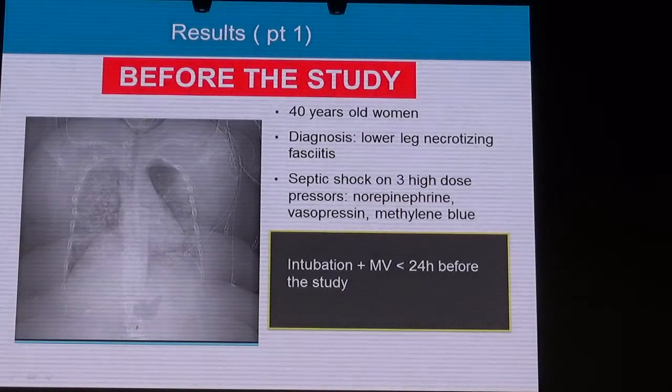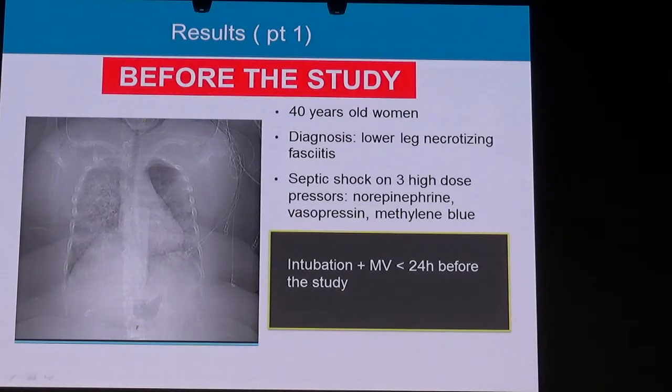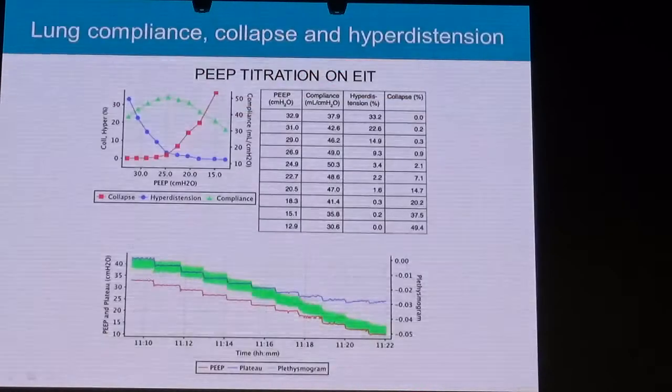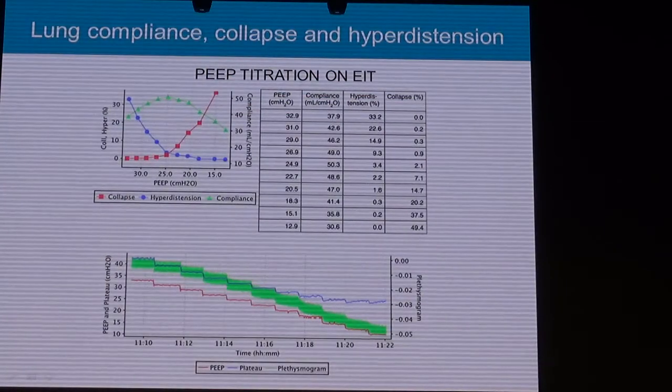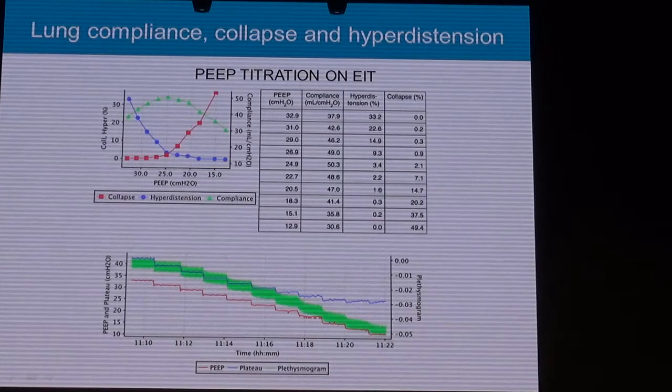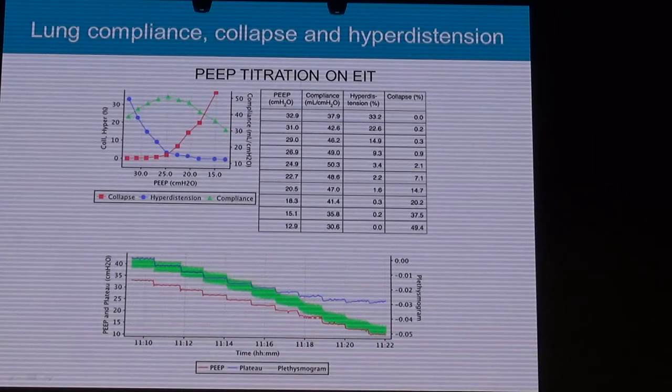This was done within 24 hours from entering the study. These were the CT scans, as we saw. And we applied electrical impedance tomography, which is basically a belt that goes around the chest. By impedance, you can monitor ventilation. It's an electrical current that goes throughout the chest.